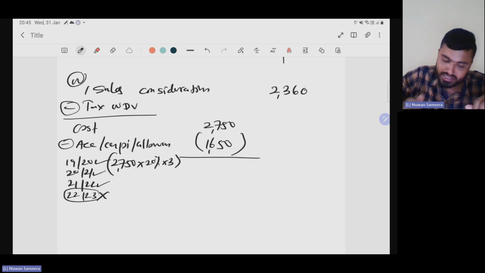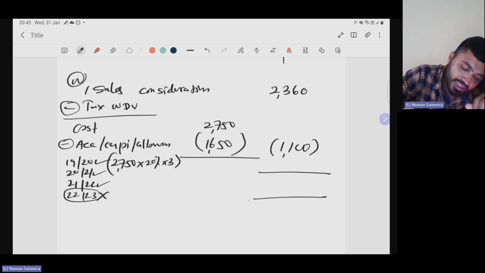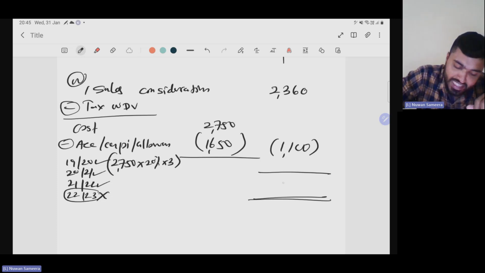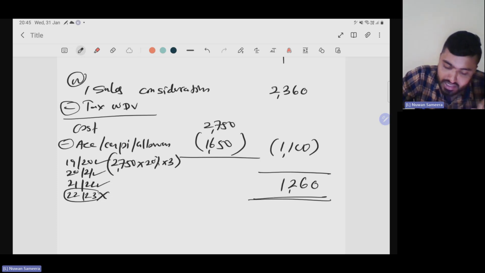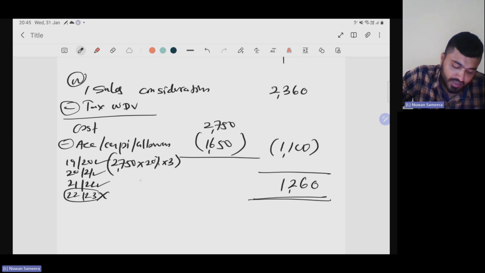2,750 minus 1,650, 1,100 is the tax written down value. So you sold this asset at 2,360. So there is a gain of 1,260. That is for tax purpose. If there is a gain for tax purpose, we call it what? Assessable charge.